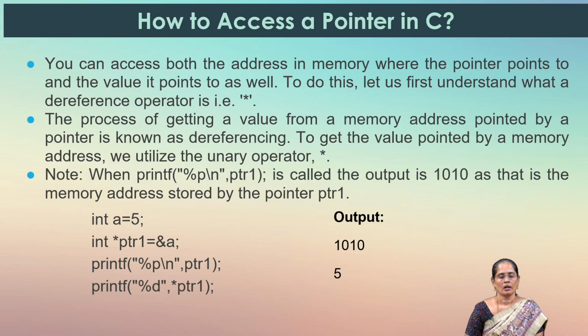Now, how to access a pointer in C? You can access both the address in memory where the pointer points to and the value it points to. To do this, first we have to understand how the dereferencing operator asterisk works. The process of getting a value from a memory address pointed to by a pointer is what is called dereferencing.